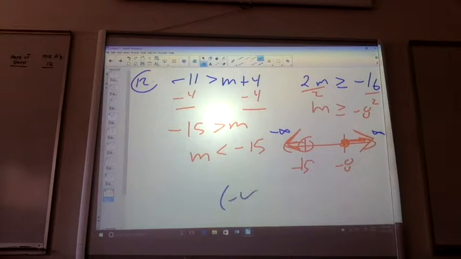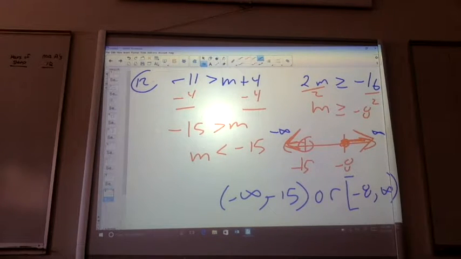So I go from negative infinity to negative 15, rounded, looking for the word OR, square bracket, negative 8 to infinity. Right, because I want values that are greater than or equal to negative 8. So it's going to go negative 7, negative 6, negative 5, 4, 3, 2, 1, 0, 1, 2, 3, 4, forever and ever and ever.